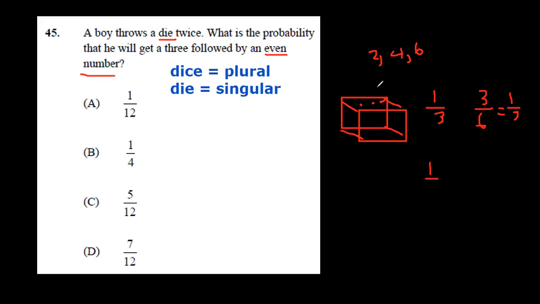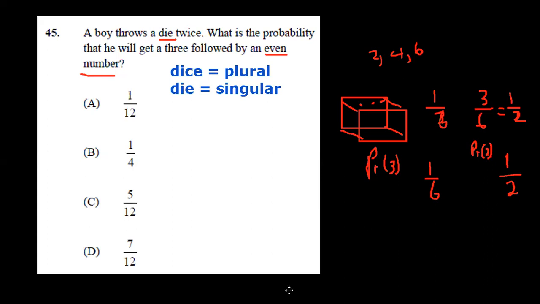Sorry, the probability for the 3 is not 1 over 3, it's 1 over 6. Slight error there. The probability for the even numbers is 3 over 6, which is 1 over 2, a half. So 1 over 6 is the probability of a 3, then 1 over 2 is the probability for an even number. Good?